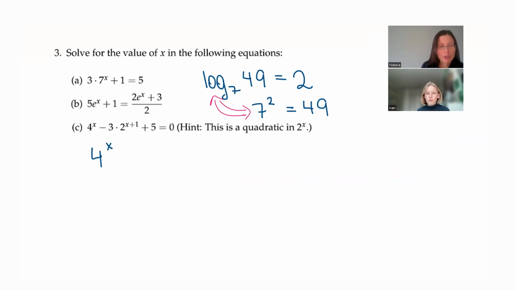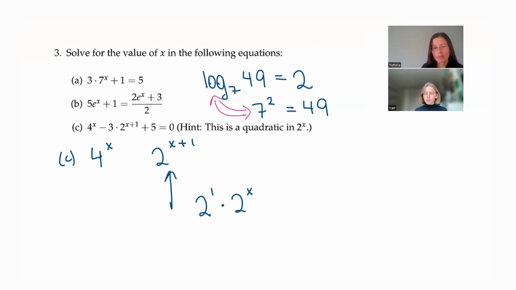Let's look at the terms first, how we can unite them. How can we get rid of the 1 in the exponent? That's 2 to the x times 2, because it's 2 to the 1 times 2 to the x.